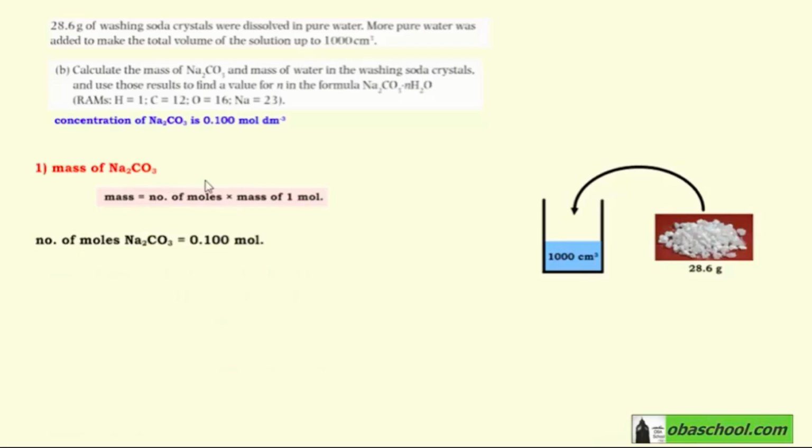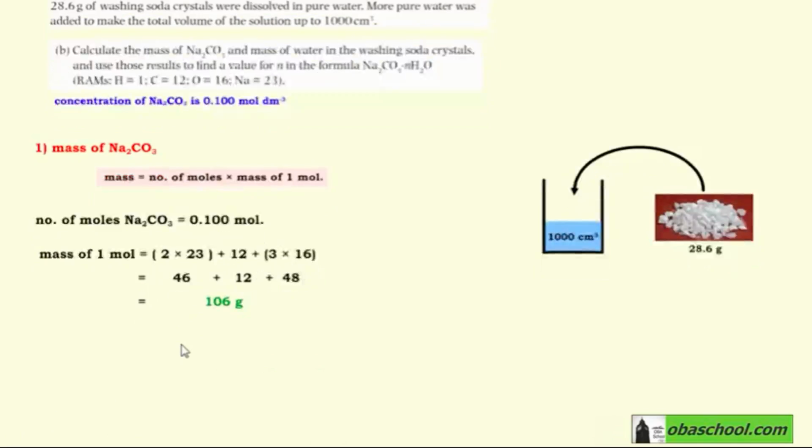A very easy way. As if I'm calculating the relative formula mass, I will calculate the mass of 1 mole of sodium carbonate to obtain 106 grams. I used the relative atomic masses, so now I have the number of moles and the mass of 1 mole, with which I can calculate the mass.